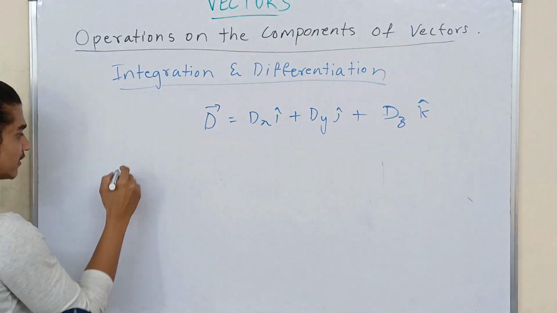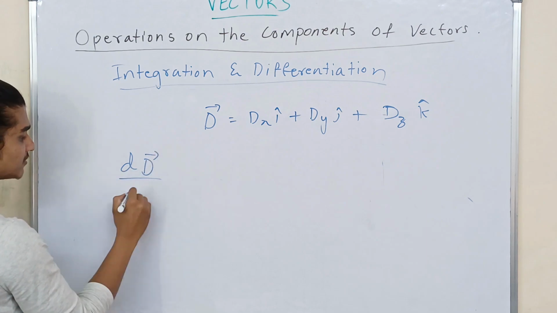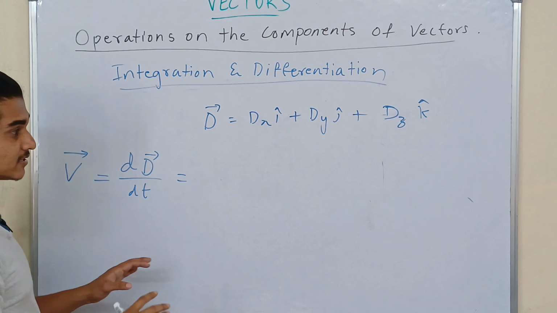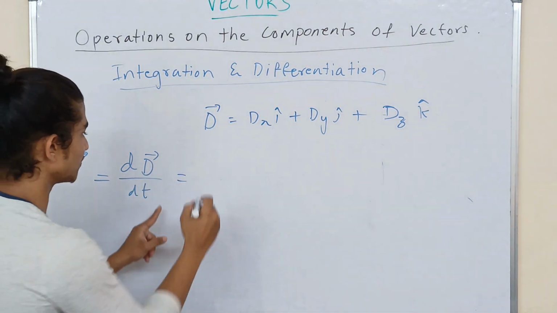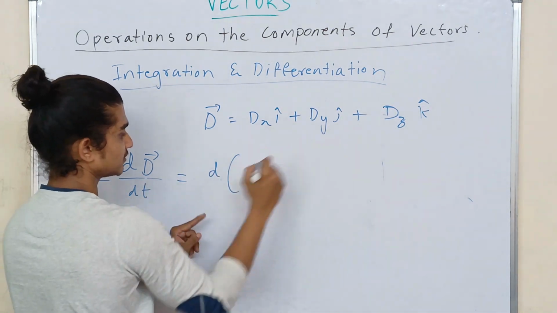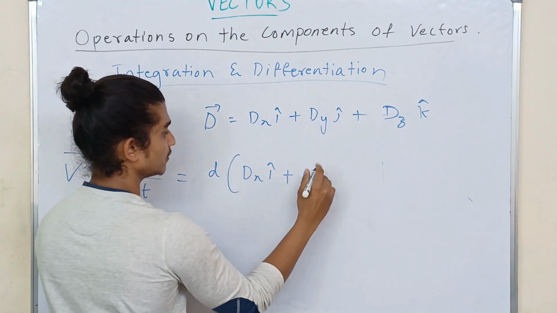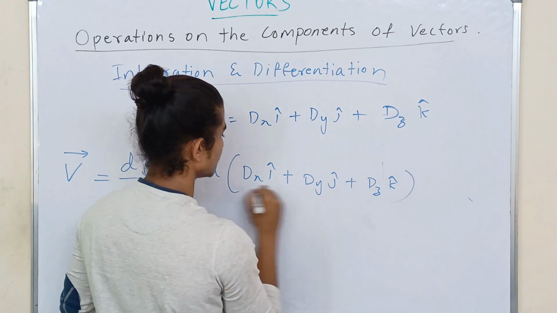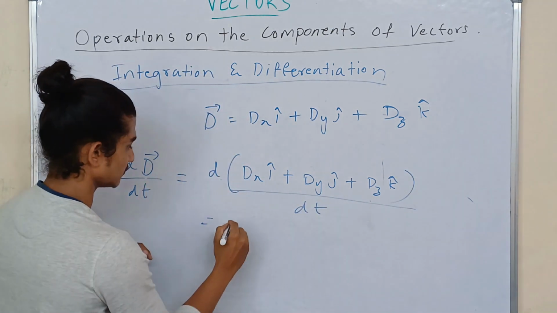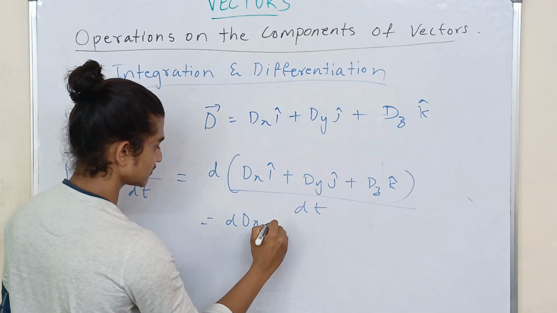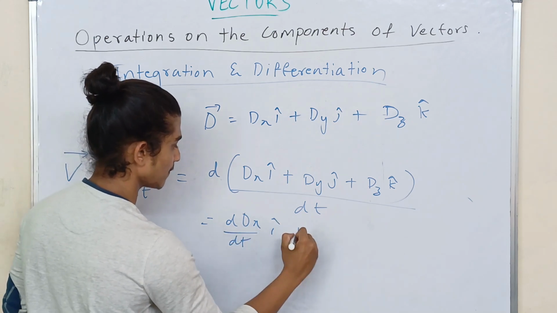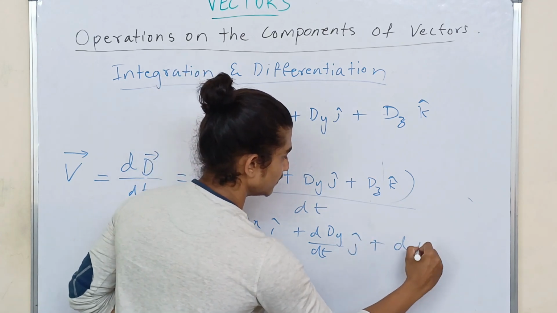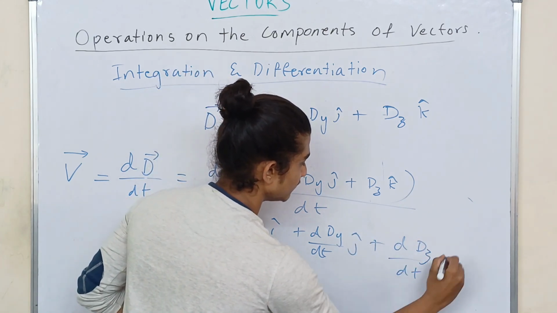Since you know that differentiation of the displacement vector with respect to time gives the velocity vector, I replace d vector with all these components, whole by dt. Individually I can separate them: dx by dt i cap plus dy by dt j cap plus dz by dt k cap.